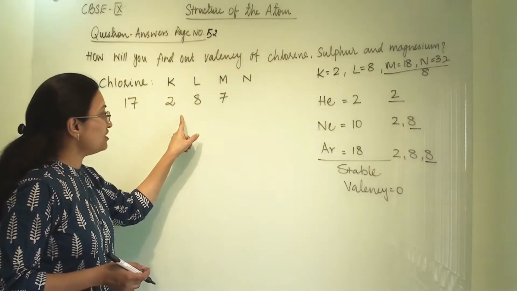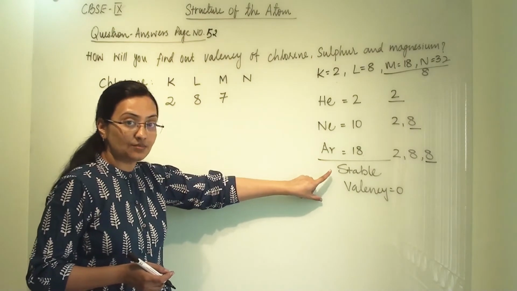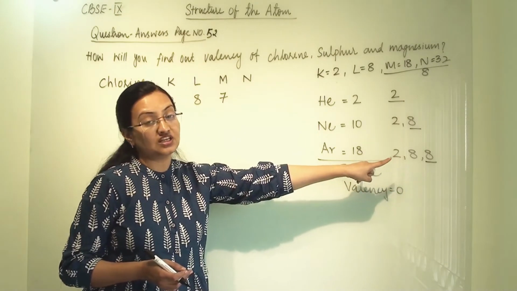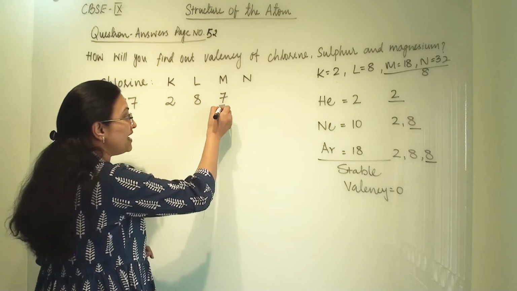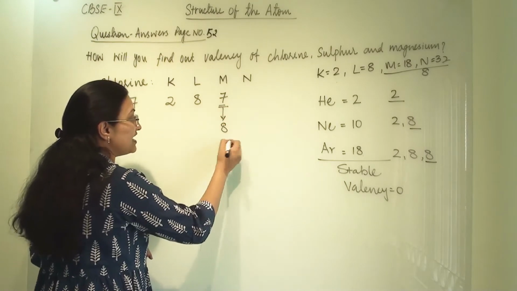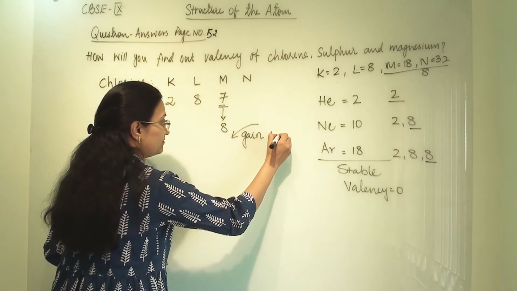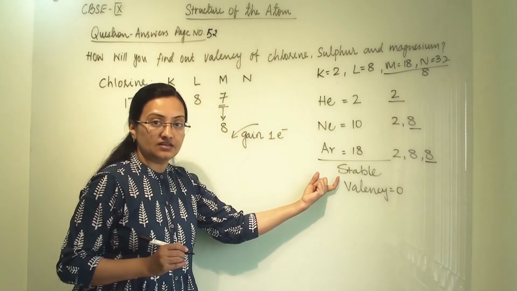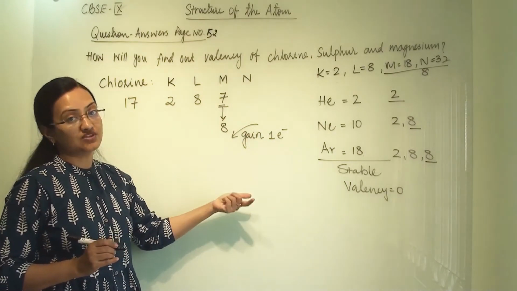If chlorine wants to become stable like argon, then it has to have 8 electrons in its outermost shell. Here 7 electrons are there. To make it 8, it has to gain 1 electron. Then only its outermost shell will be filled and it will become stable like argon.